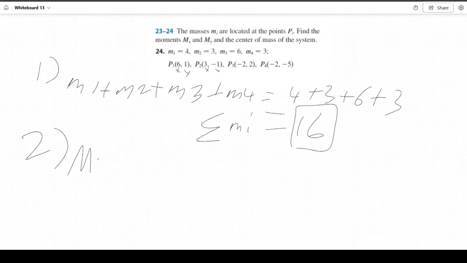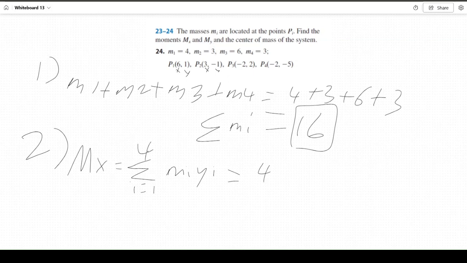For Mx, we have to multiply the mass times the y. This is the equation for the first one. You multiply all the m's and the y's to get Mx, the moment Mx. For P1, the y would be 1 and the mass would be 4, so this would be equal to 4.